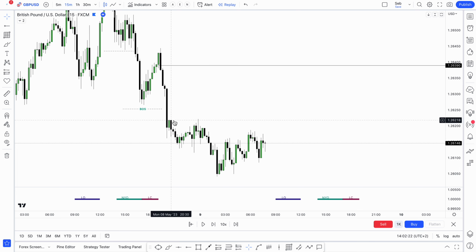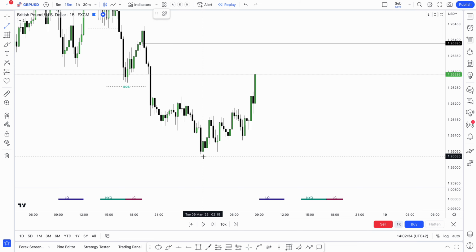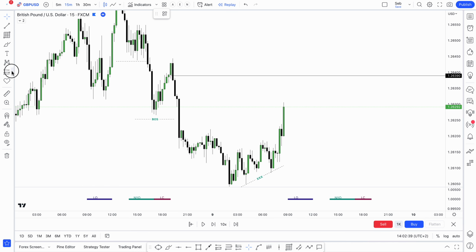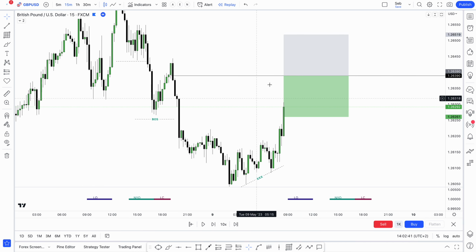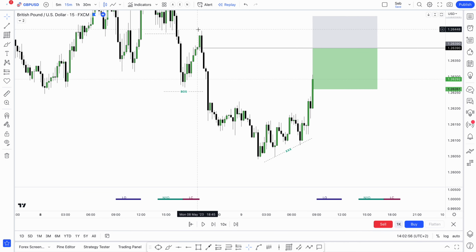It took this high out, and then we have push up, we have liquidity there. Okay, we have money, and then we will use this order block. So given the confluences, let's say 10 pips. But it's too high. 10 pips, okay.